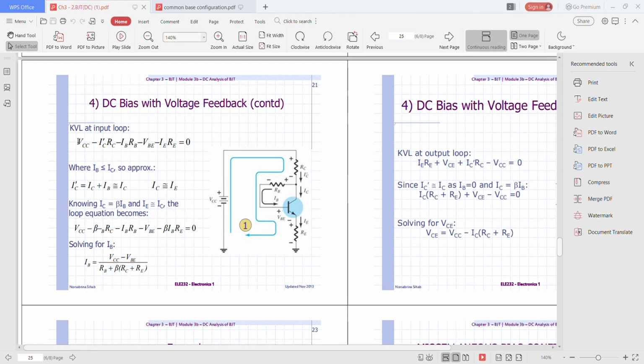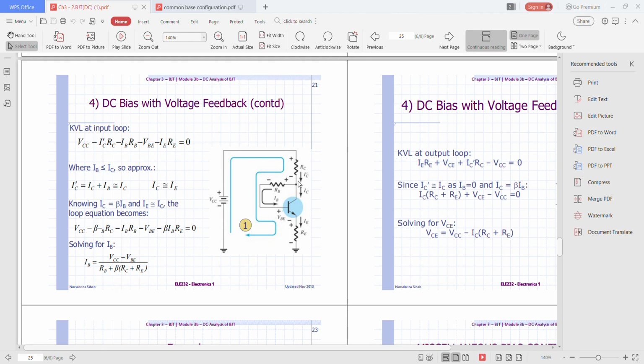The first thing you need to do is to find the equation from the input loop. From the input loop, the equation will be VCC minus I'C RC minus IB RB minus VBE minus IE RE equals 0. I'C is the current that flows through RC.